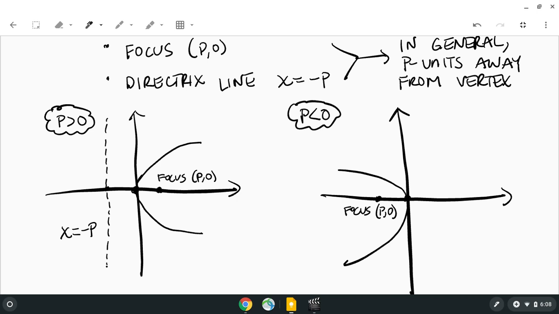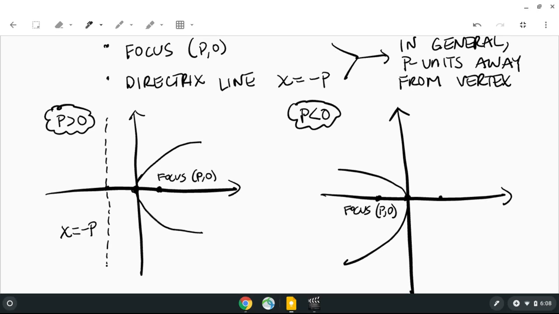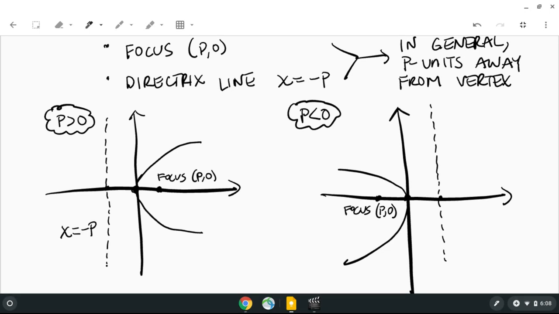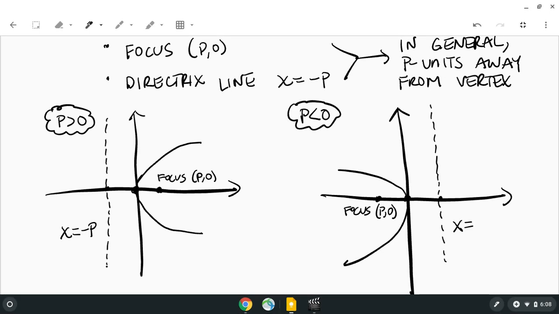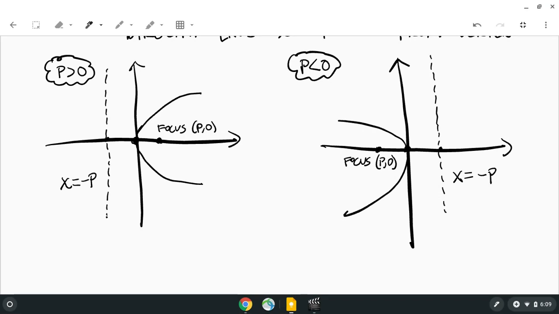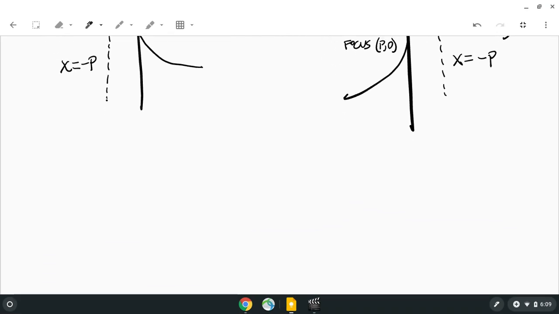And then the directrix is over here, p units away from the vertex, and it is a vertical line. So it has the equation x equals negative p, the opposite of the negative p. Okay, so let's go ahead and take a look at some examples.